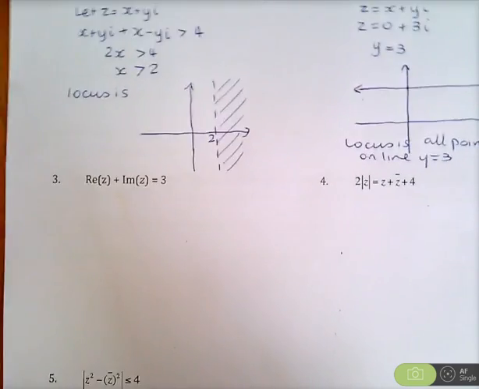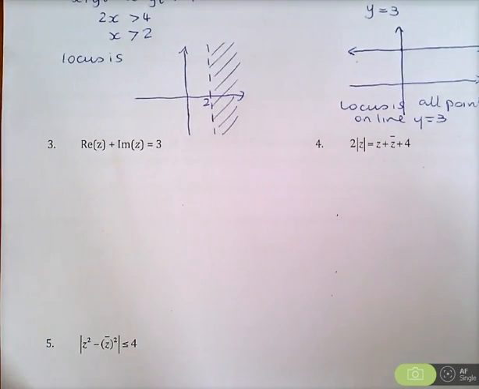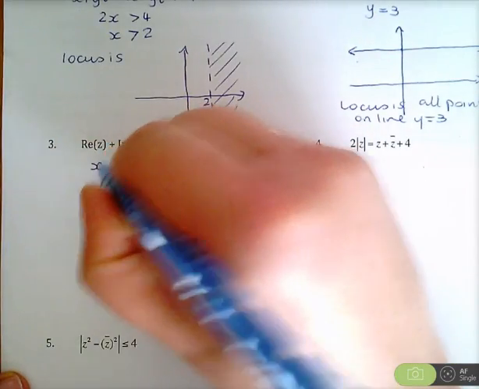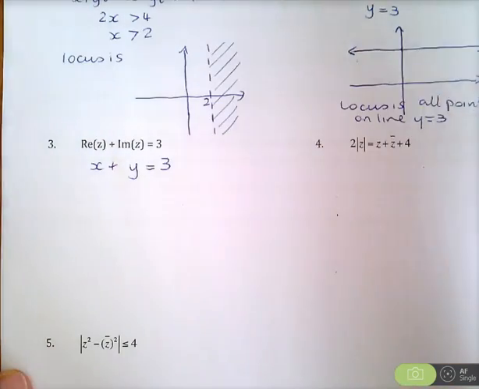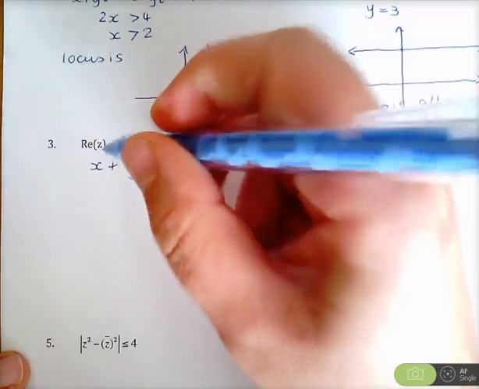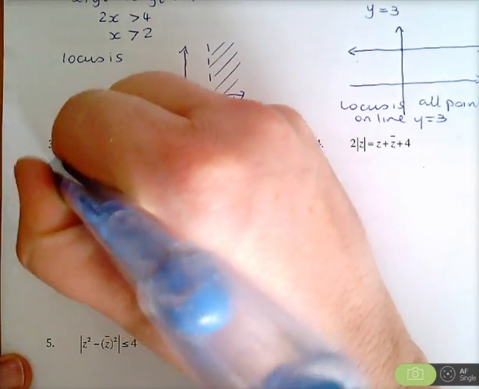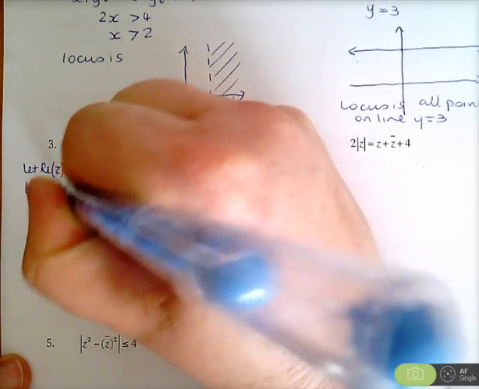Okay, now with the next one, Re(z) plus Im(z) is equal to 3. Now with a complex number, Re(z) is represented by x and Im(z) is represented by y. So what we want is x plus y to equal 3. So really here we're letting Re(z) equal x, and we're letting Im(z) equal y.